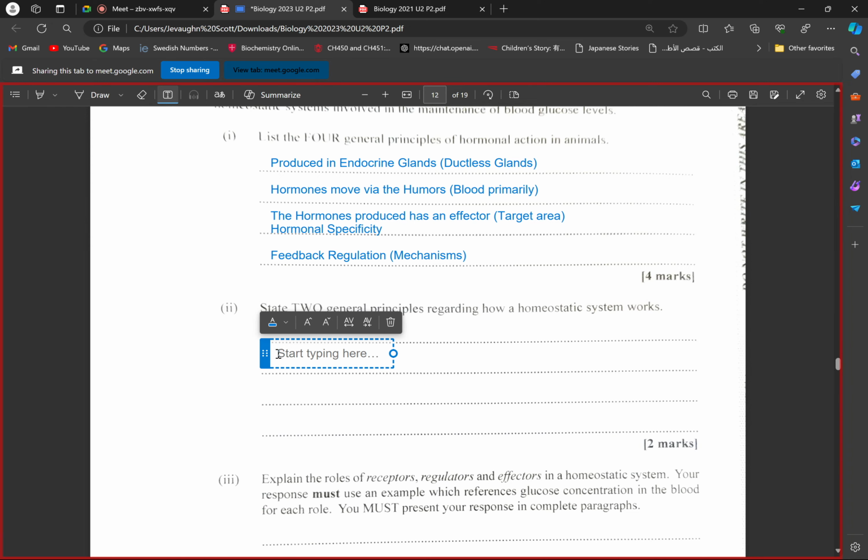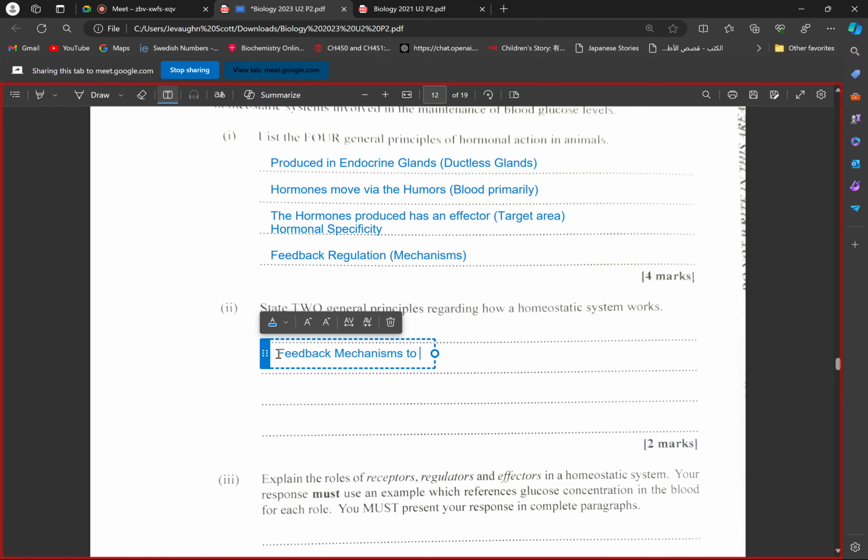Anything? Go ahead. I was thinking that for a homeostatic system we could incorporate something regarding set points. Say something like the system works to counteract a change to the set point, so basically negative feedback.